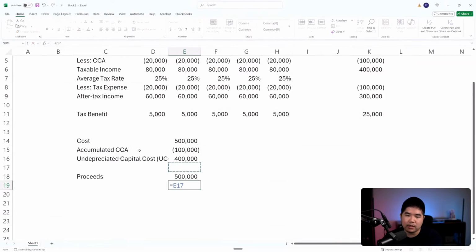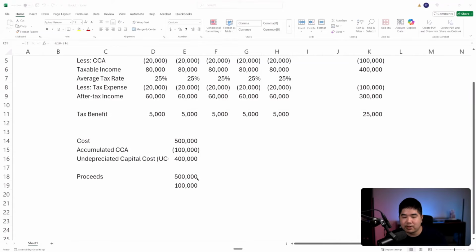The difference between $500,000 and $400,000 is not a capital gain. A capital gain is great because right now with an inclusion rate of 50%, only half of that is included in income. So anything above $500,000 will be treated as a capital gain. So let's say you sold the property for $700,000 and your original cost was $500,000. So that increase of $200,000 is treated as a capital gain, which is great.